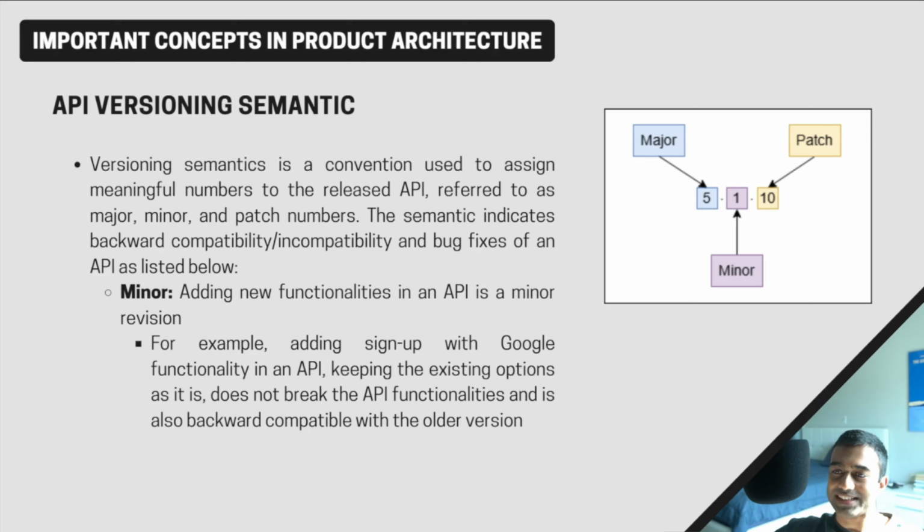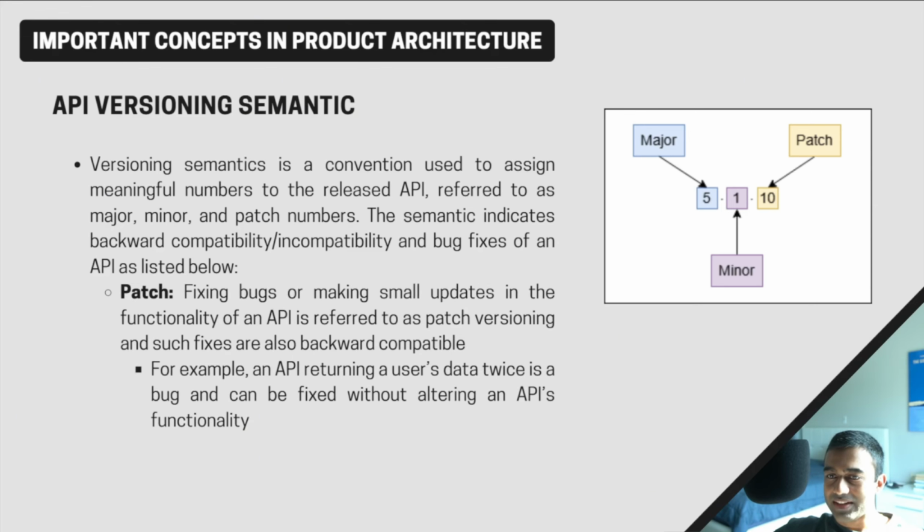For example, adding sign up with Google functionality in an API, keeping the existing options as it is, does not break the API functionality, and is also backwards compatible with the older version. And also the patch number. Fixing bugs or making small updates in the functionality of an API is referred to as patch versioning, and such fixes are also backwards compatible.